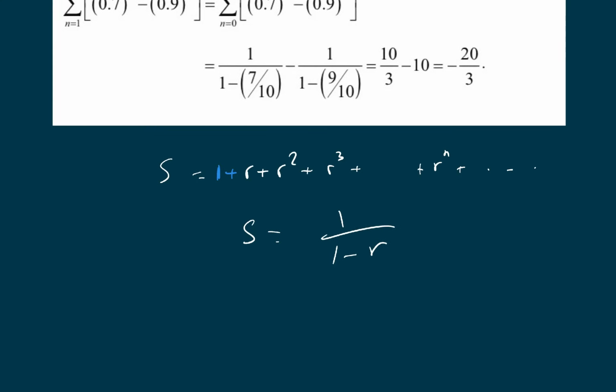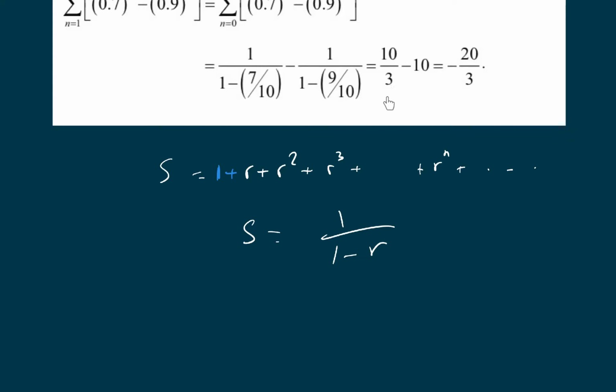So the sum of the first geometric series will be 1 divided by 1 minus 7 divided by 10. The sum of the other geometric series will be 1 divided by 1 minus 9 divided by 10. I have to subtract the sum of the second geometric series from the first. So it will be this minus this.